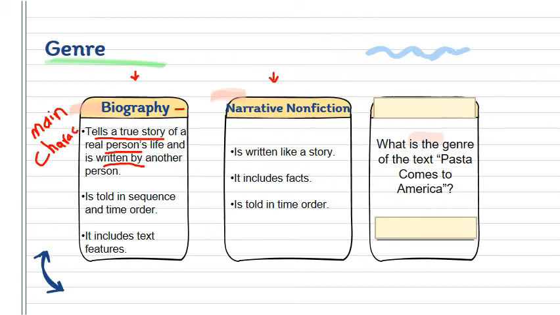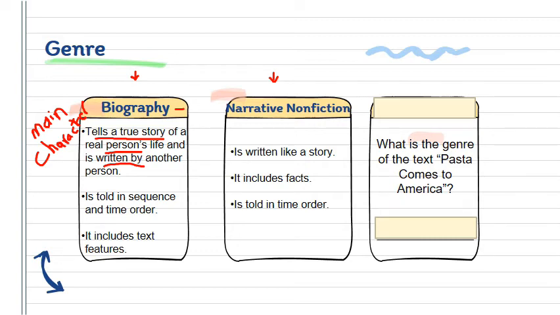It is told in sequence and time order. So here as you can see in our lesson, pasta comes to America. They started where there was no pasta, and then they moved on to, at the end, how Americans brought or manufactured or made pasta in America, and they told us how it became popular.